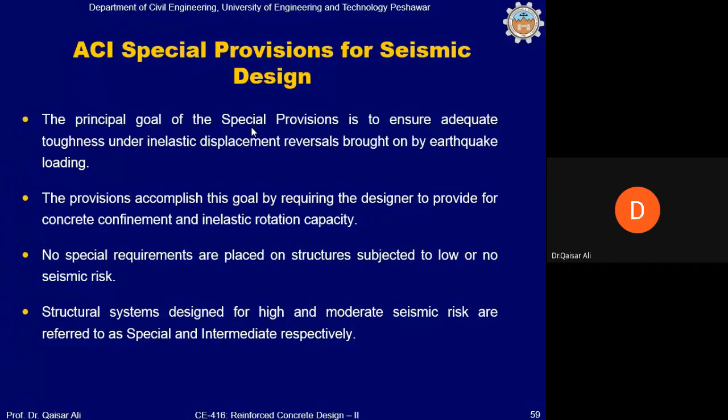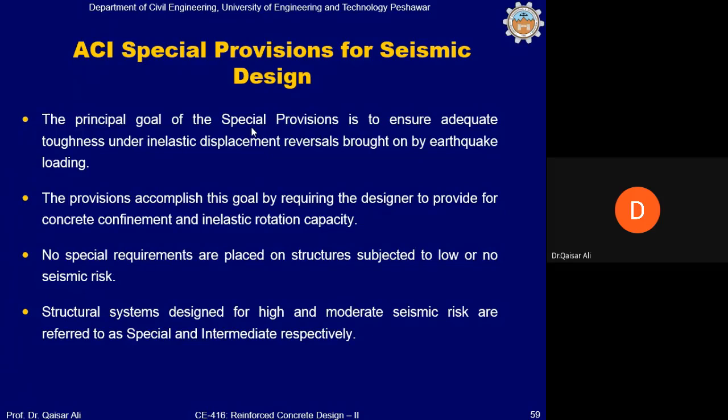These are the connections of the RC frame structures. When we say connections, they are basically the ends of the beams and the ends of the columns. These must have some special requirements, which are illustrated in the remaining slides of this lecture.